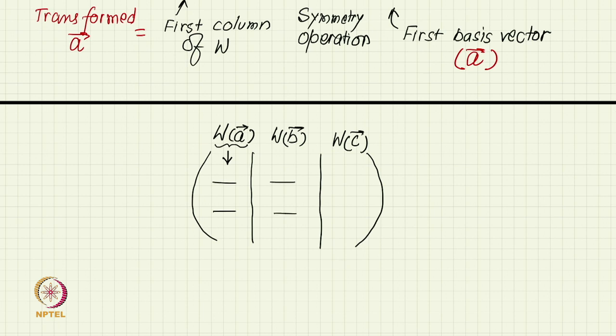The transformed second basis vector forms the second column, the transformed third basis vector forms the third column, and I get W.